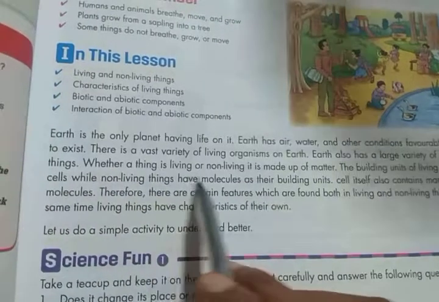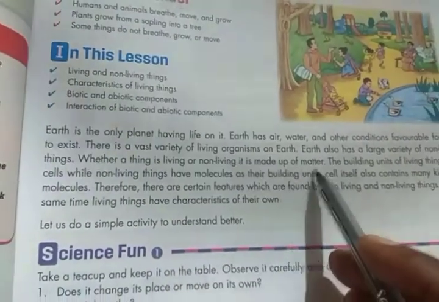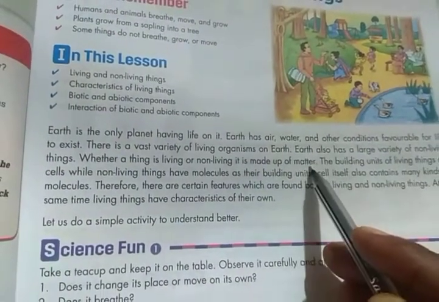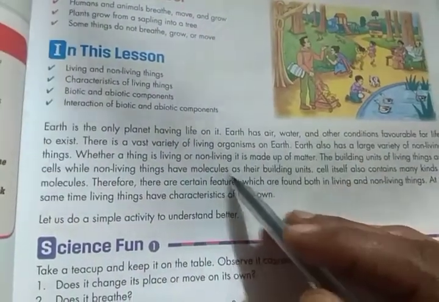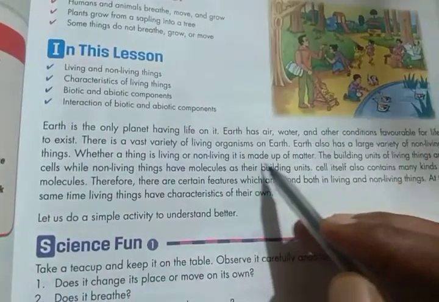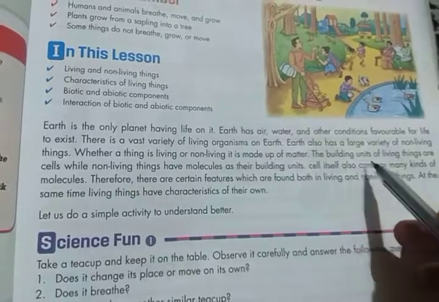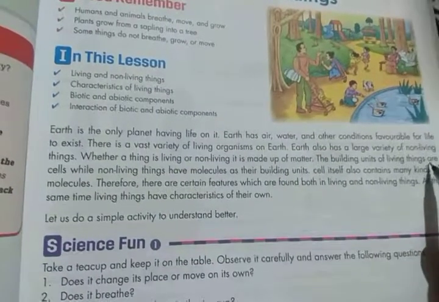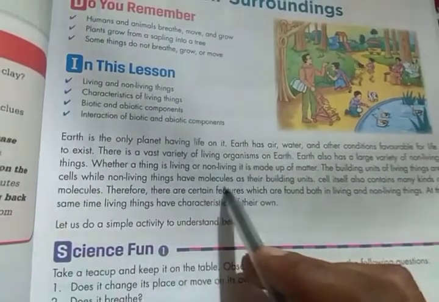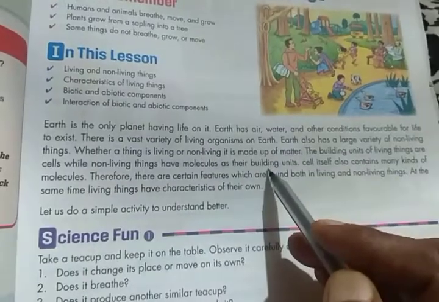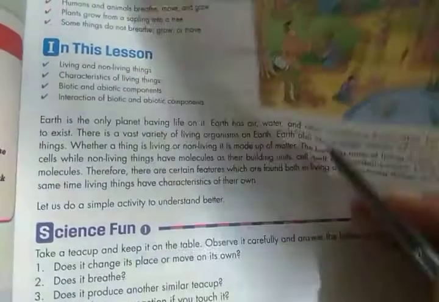Whether a thing is living or non-living, it is made up of matter. All things, living or non-living, are made up of matter. The building units of living things are cells, while non-living things have molecules as their building units.